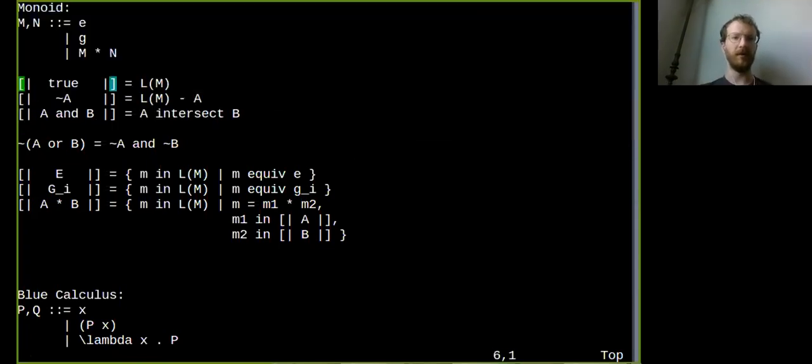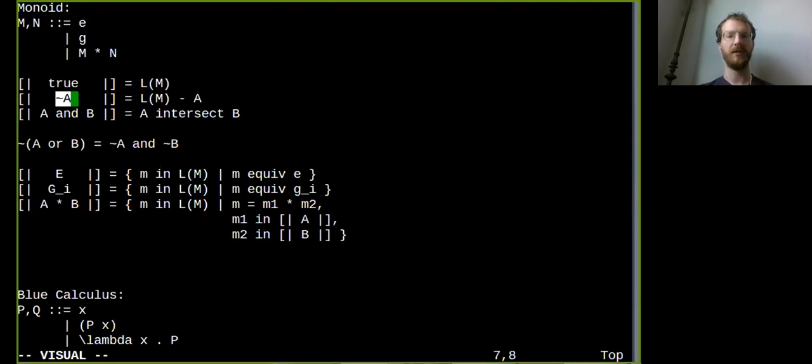So here we're defining a new language, which is our logical language, and our new language will map to a collection of terms, a collection of statements. So we say that the meaning of true is all of the statements in our language.